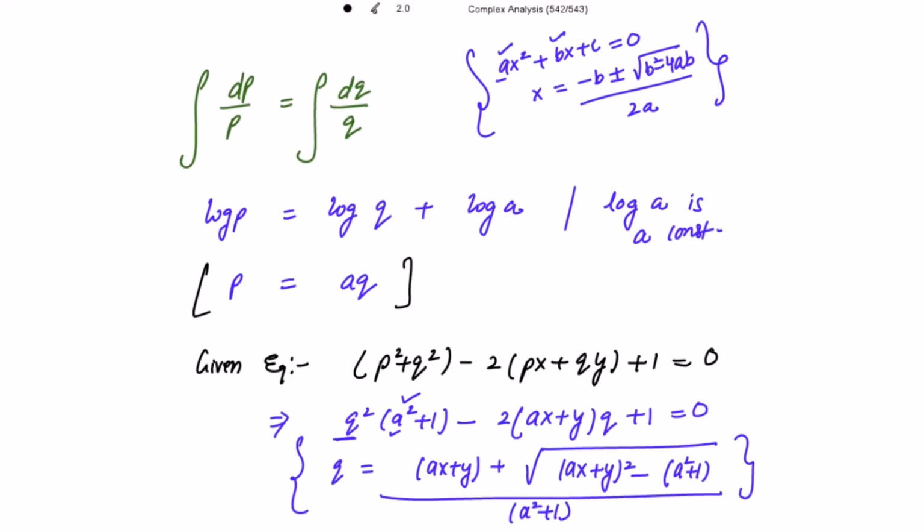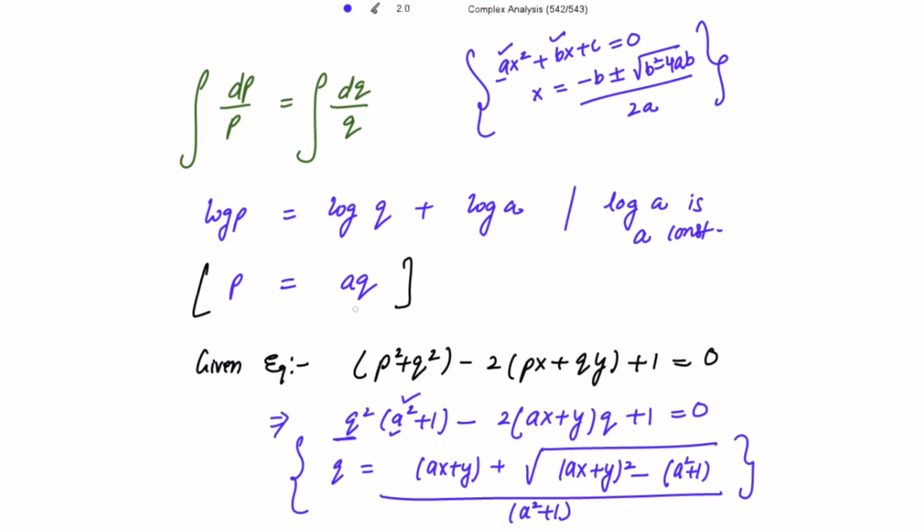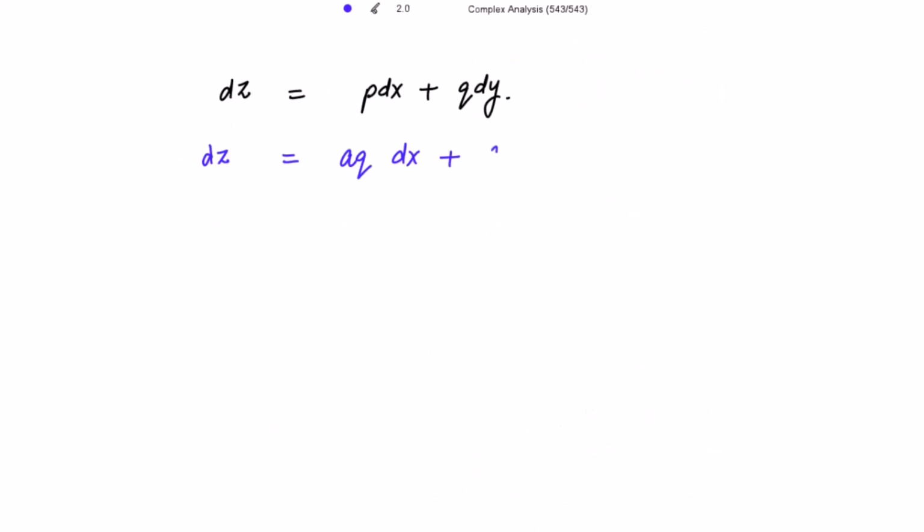Okay. Now to get the complete integral, we need to use the equation dz equal to p dx plus q dy. Here what is p? We have p to be aq, so aq dx plus q dy. Let's take q common from these, a dx plus dy. I'm taking q outside. How can I write this further? It is the derivative of ax plus y, isn't it? Into q, right?